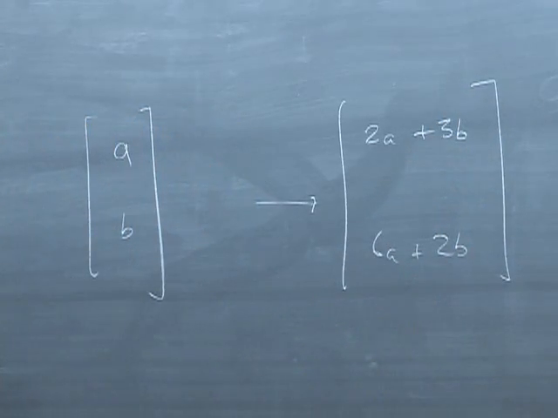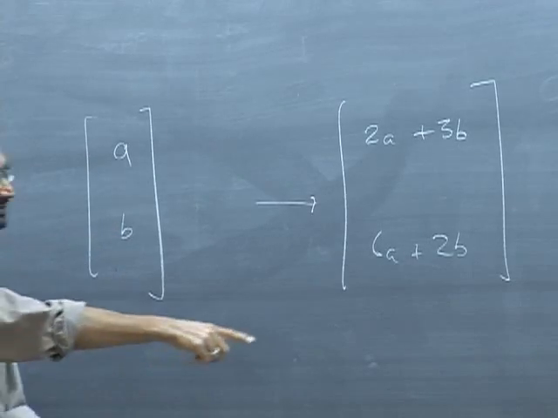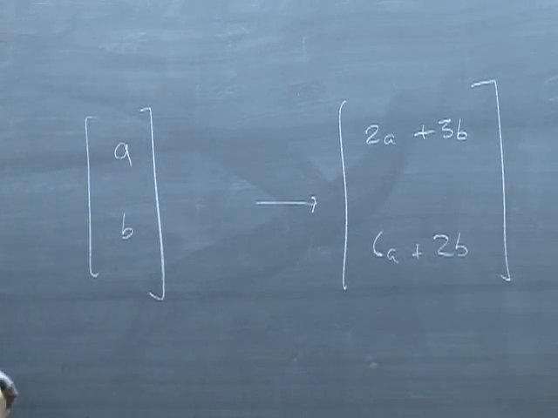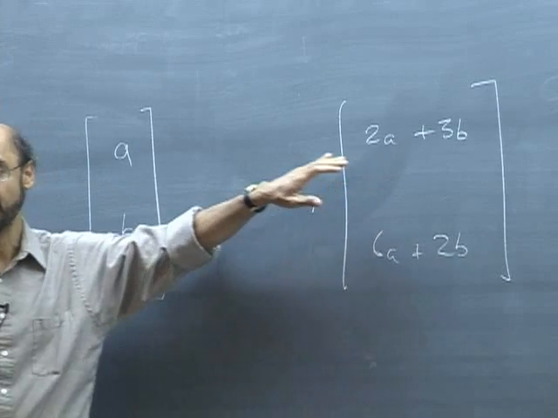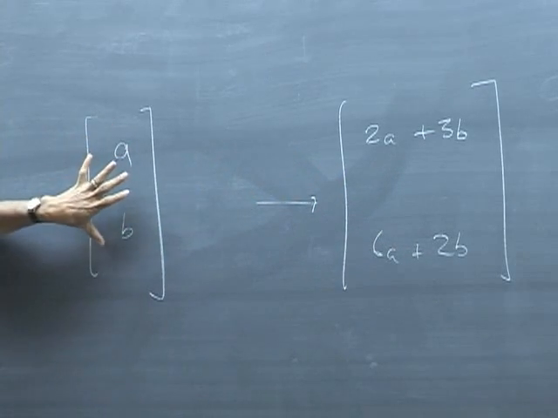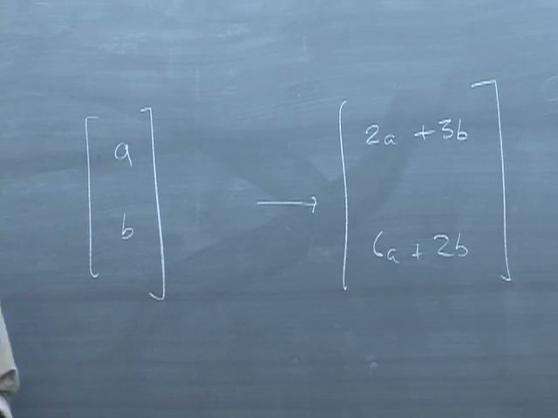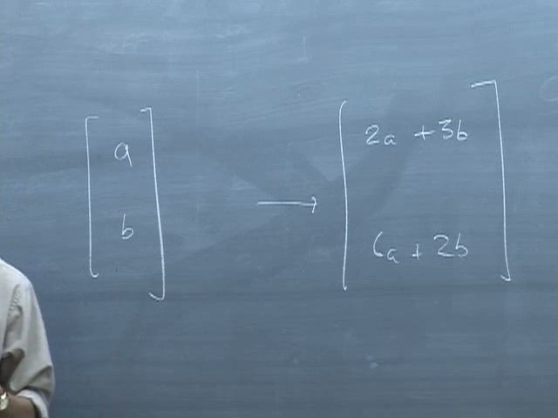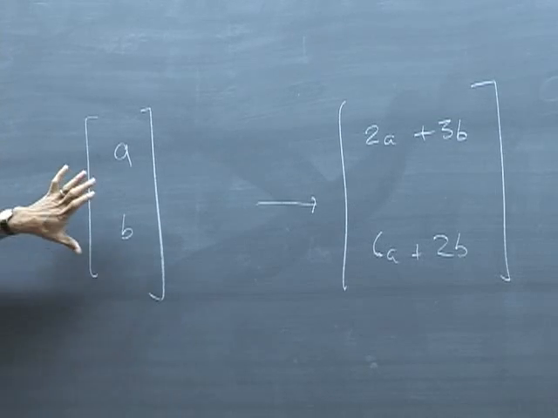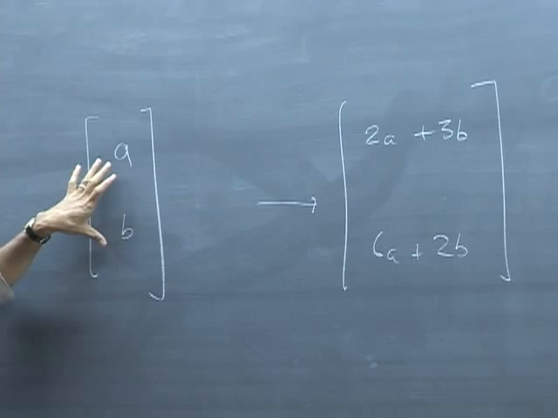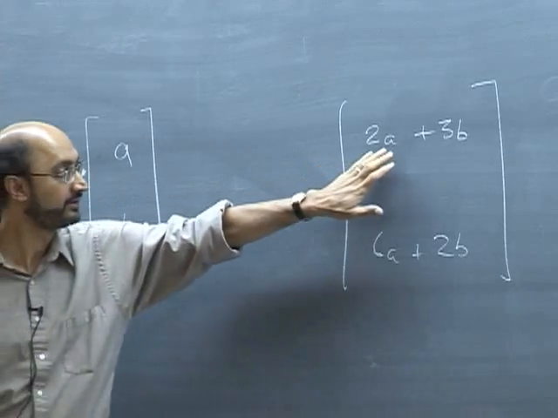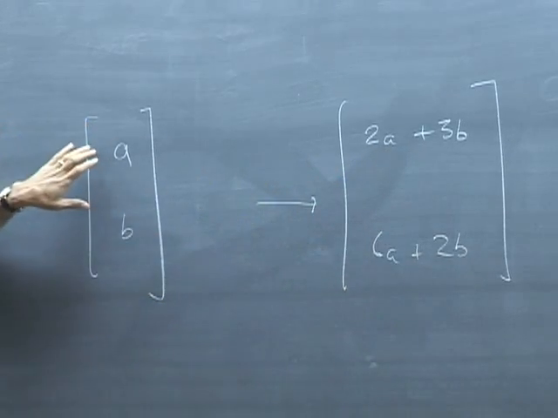So this is a vector, this is another vector, but what's happened is that in this vector, the first element has gotten a weighted sum of these two pieces. If you recall when we talked about linear dependency, you see that 2a plus 3b is linearly dependent on a and b.